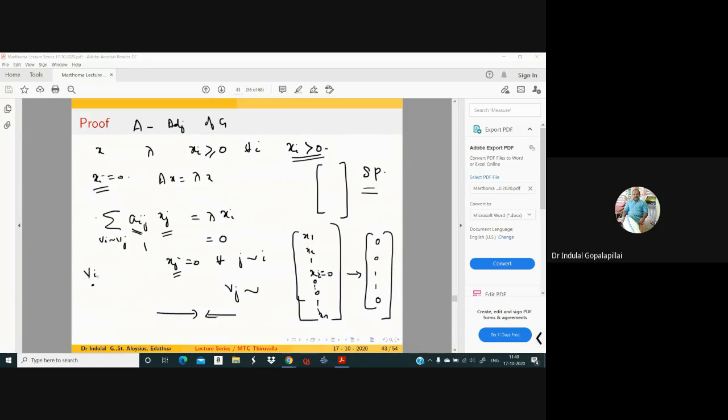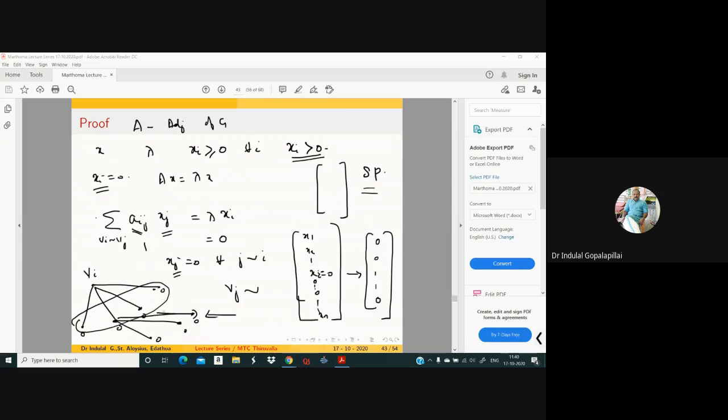Then Vi is adjacent to certain vertices v1, v2, etc. From this equation we get that the entries corresponding to these vertices are zeros. Now you take one among these vertices, and this vertex will be adjacent to some other vertices. Then in the next stage, we get that the entries corresponding to these vertices are zeros. You repeat this procedure.